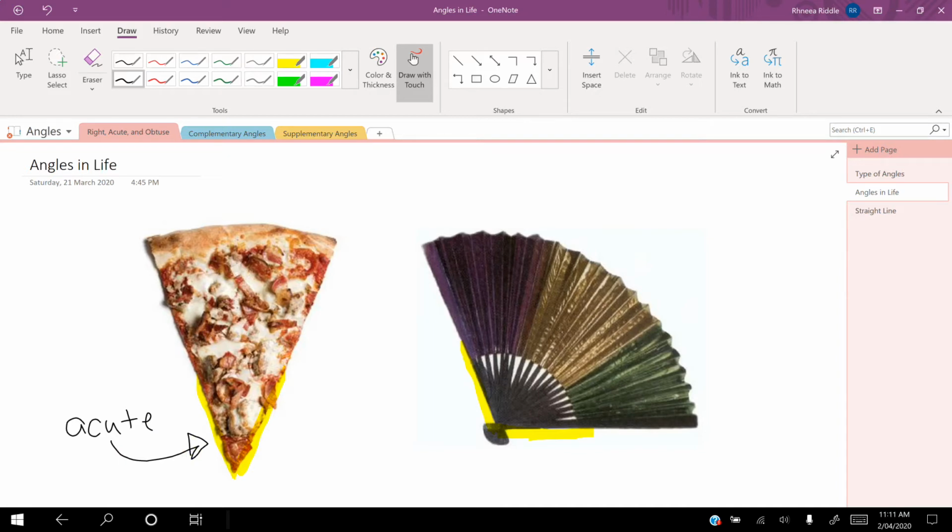And again, we want to do the same thing with the fan, where we hold up our piece of paper and line it up with one of the lines, that bottom one there, and we can see that it is bigger than that 90 degrees. So this is an obtuse angle.